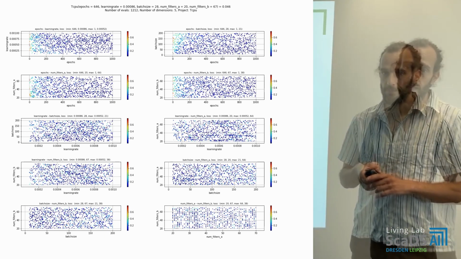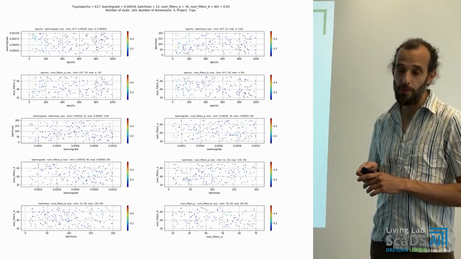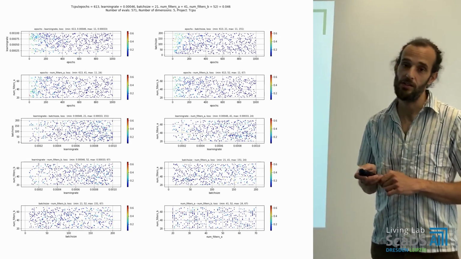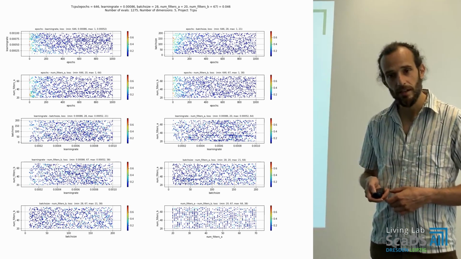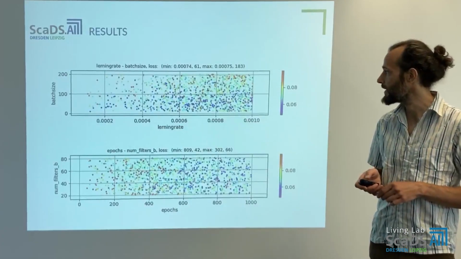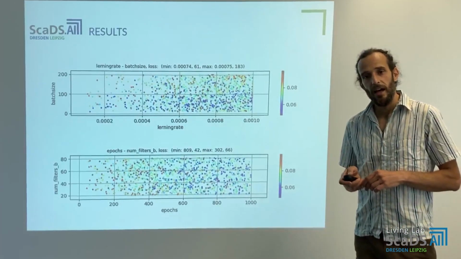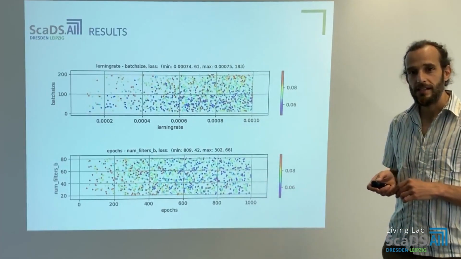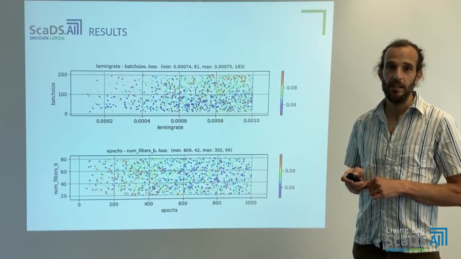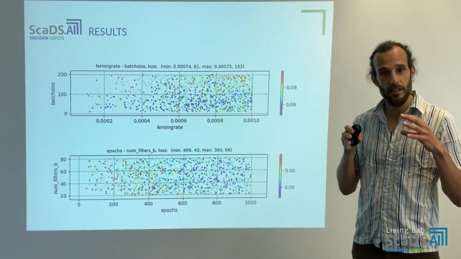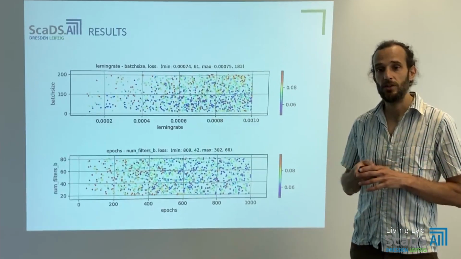OmniOpt run. The dark blue values are the best ones, and the red values are the worst ones. And what you can also see here, maybe the next picture in a bit more detail, is that our algorithm, the TPE, searches in the parameter space in an intelligent way.